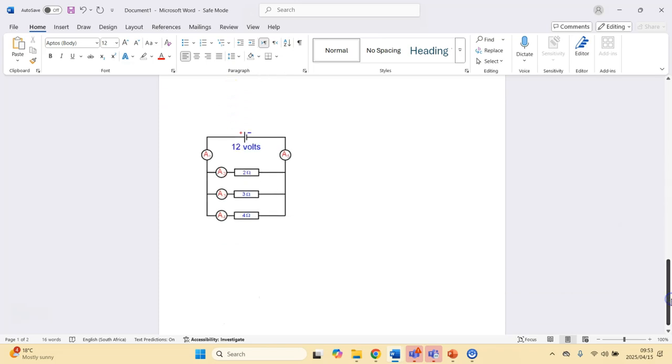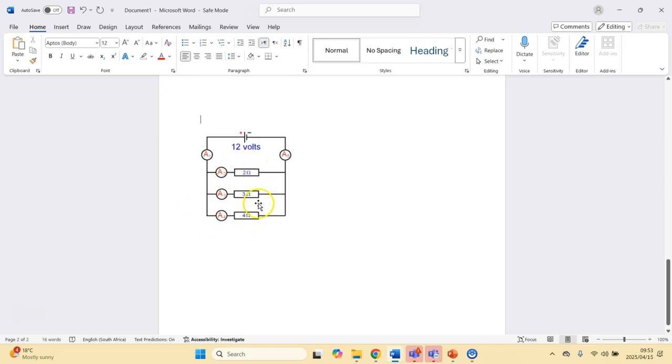If we consider this parallel circuit over here, A1 and A5 are measuring the total current. So before the current splits and after the current has come together, that is where we would be able to measure the total current. But at the branches, the current is going to split.